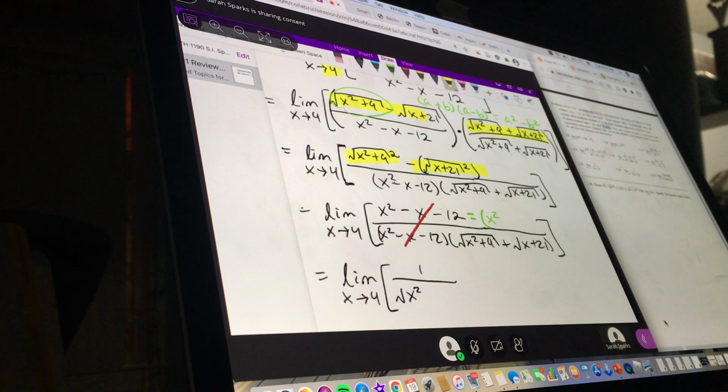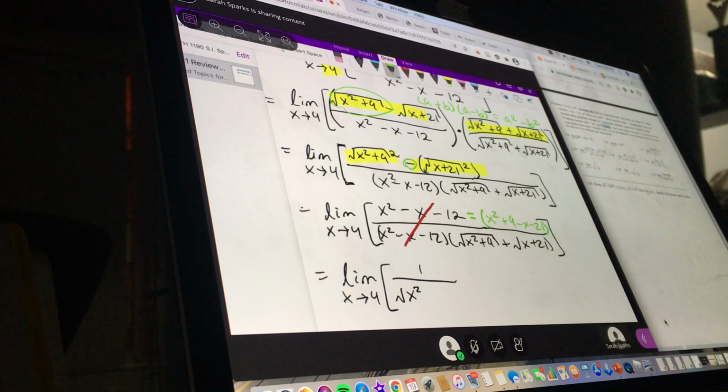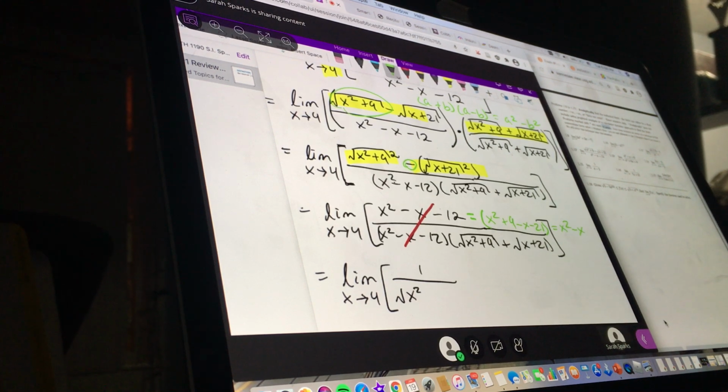So I was left with x squared plus 9. X squared plus 9 minus x, because there's that minus sign right here, minus x minus 21. So that green part is going to be equal to x squared minus x. Negative 21 plus 9 is equal to negative 12.